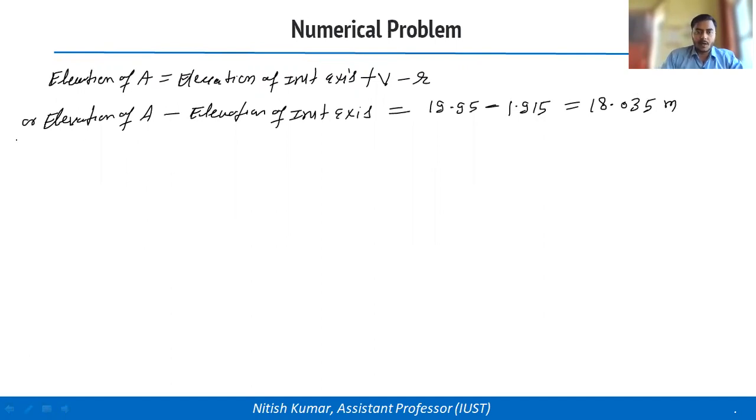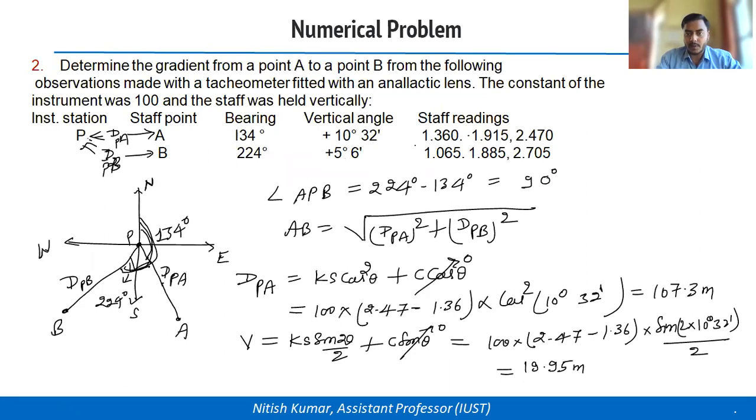Okay. Now, the same operation we will do for B. The distance between P to B, K S cos square theta plus C cos theta. What is S for B? So 2.705 minus 1.605.